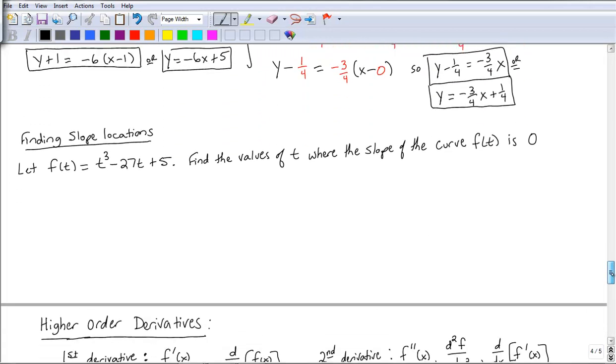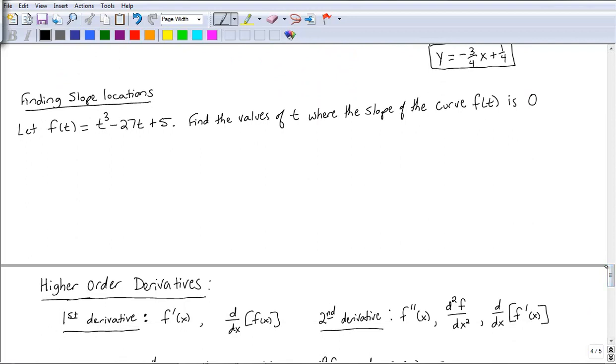You can also use this to find places where a certain graph has a slope of the value that you want, because the slope of the graph matches the tangent line at that point. So for this problem, to figure out where the slope of the curve is 0, I just take the derivative, because the derivative tells me the slope of the curve.